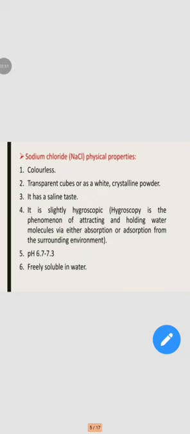Hygroscopy is the phenomenon of attracting and holding water molecules via either absorption or adsorption from the surrounding environment.